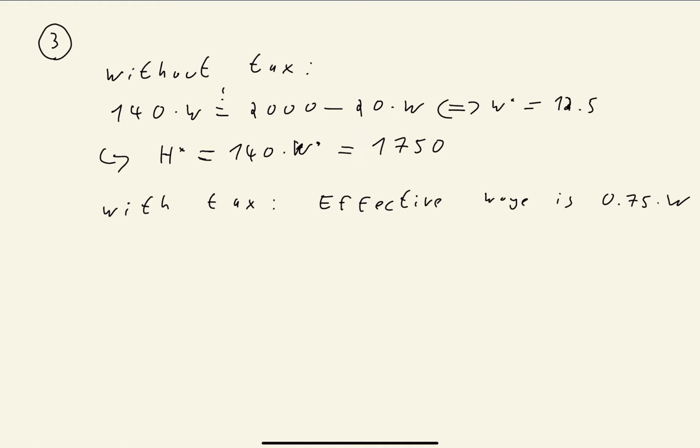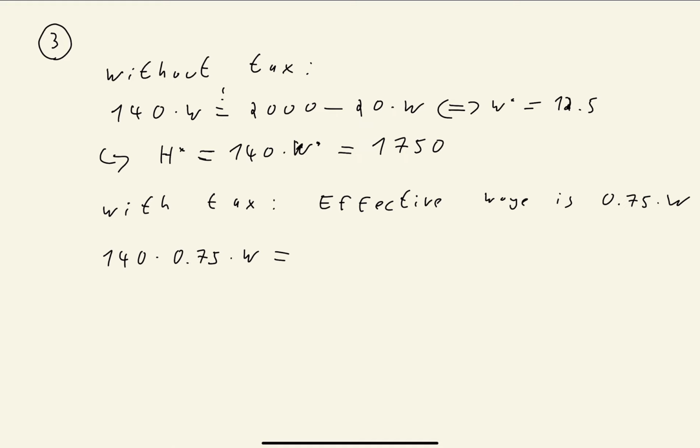That's the effective wage. So now what we calculate is the new equilibrium wage, which we get by setting the new supply function equal to the demand function. So 140 times 0.75 times W should be equal to the demand side, which didn't change.